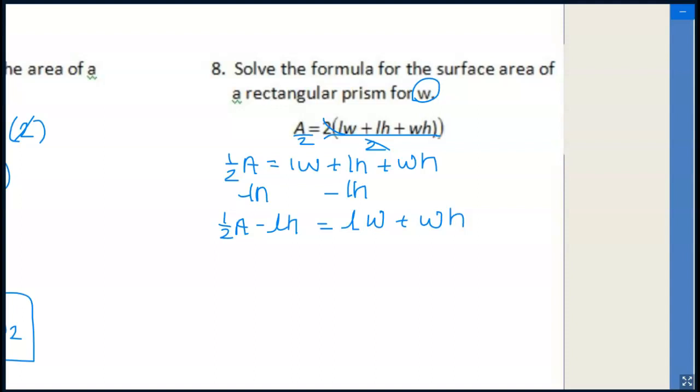And then here's where it gets a little bit tricky. Both of these terms contain a W. When I'm adding stuff together or subtracting it, and they have a like term, I can use the distributive property in reverse to take out the GCF. So W is kind of like a GCF for this problem, which leaves behind L plus H. Everybody see how W acts as a GCF in that problem?